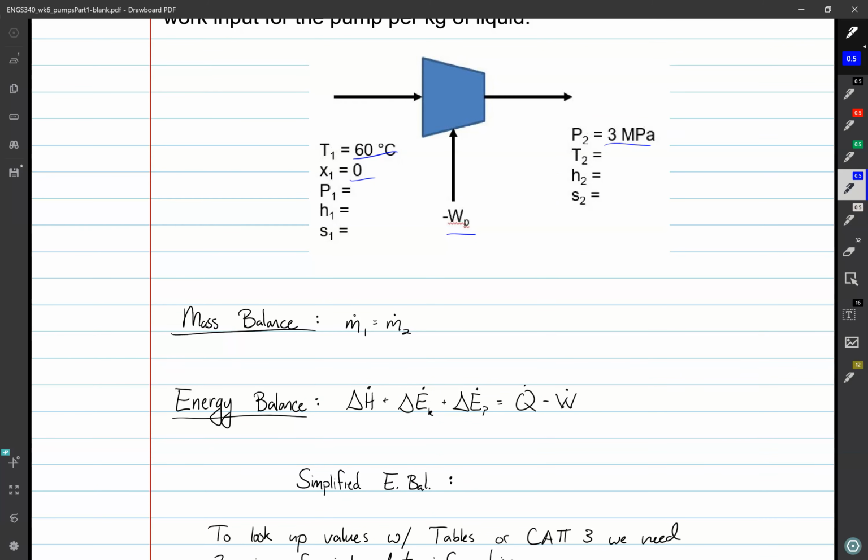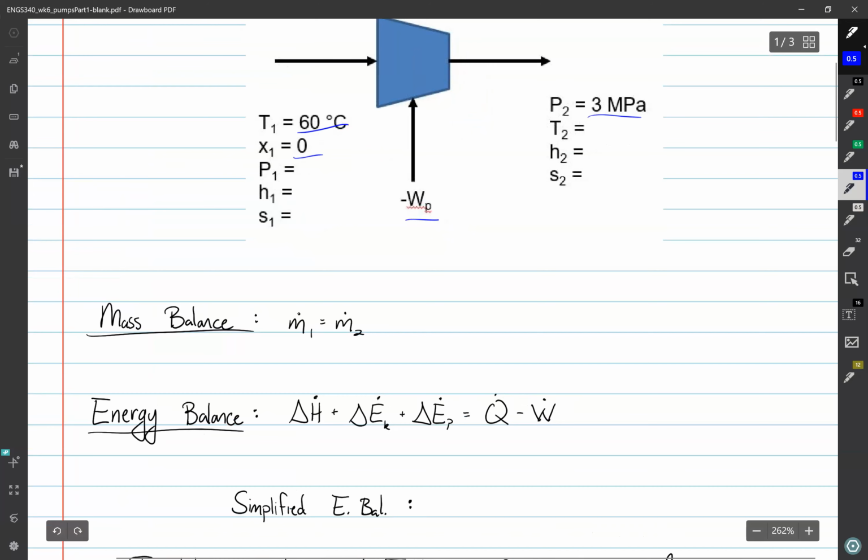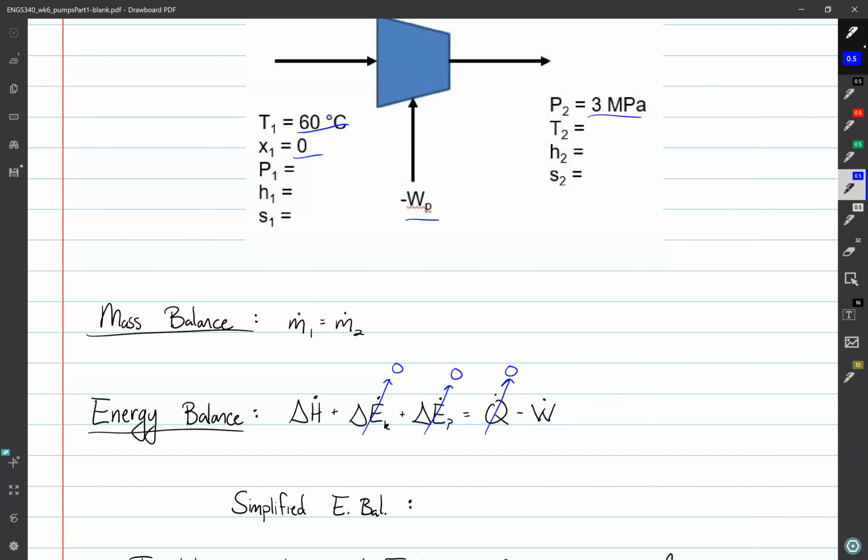Our mass balance is super easy. What comes in must come out. Our energy balance is a little bit more complicated, other than the fact that this is an ideal pump, so we solve these kind of the same. If it's an ideal pump, that means kinetic energy equals 0, potential energy equals 0, and it's adiabatic, so heat transfer equals 0.